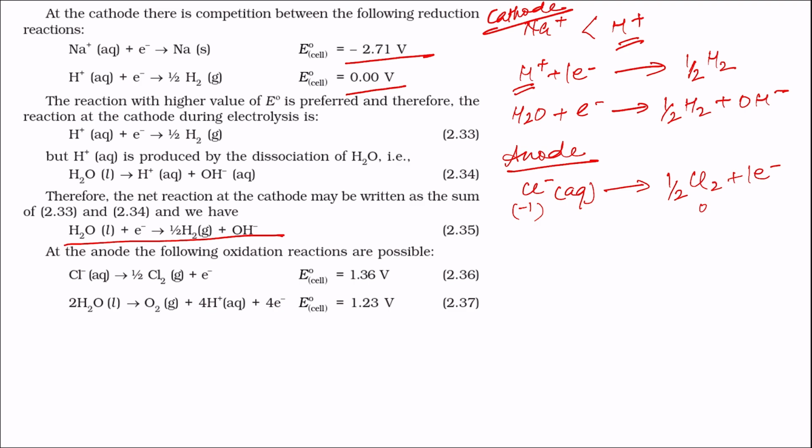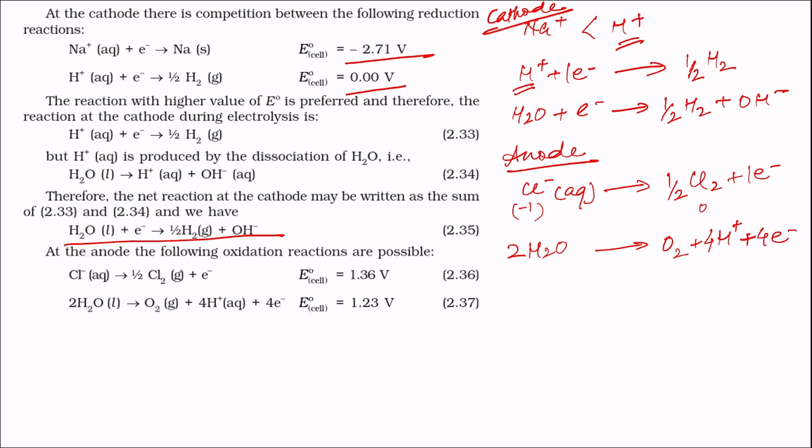For OH- ion, since OH- ion is coming from H2O, it can be written as H2O getting oxidized to O2 plus H+, and balancing the equation, this can be written as 2H2O giving O2 plus 4H+ plus 4 electrons.